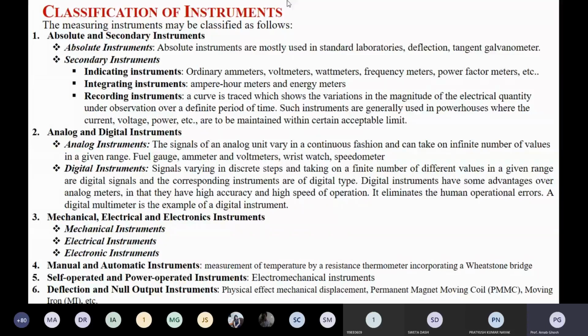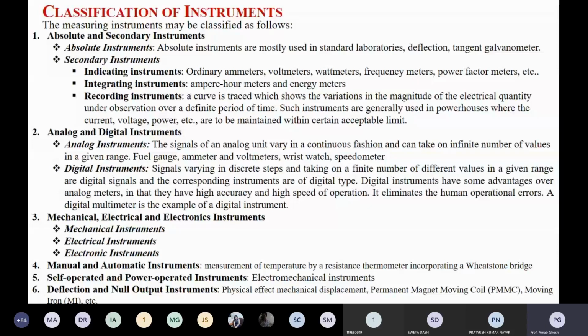Based on that process, we can classify the instruments majorly into five or six types of operation, six big groups or clusters.